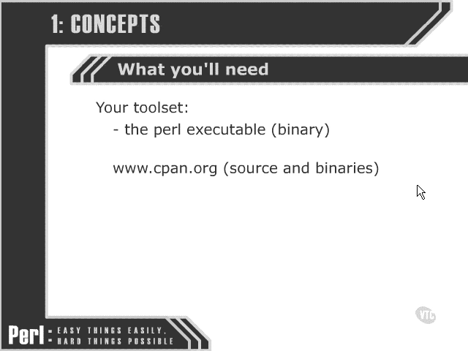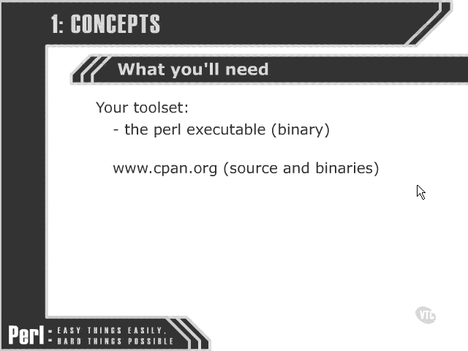And as well as the source code, from which you can compile your own binary version if you feel adventurous enough, you can also get hold of a large number of pre-compiled binaries for whatever system you happen to be running. If you're using a version of Unix, any of the Unix-based operating systems, then very likely you already have Perl installed.